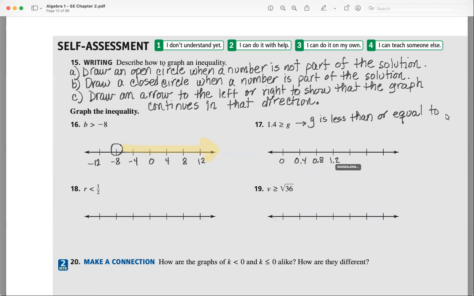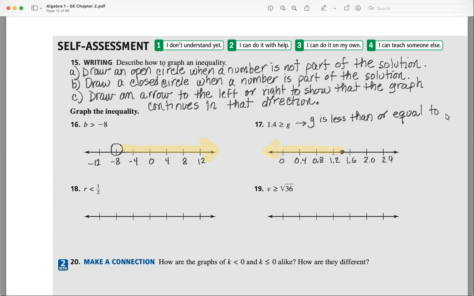So I started going up by 0.4s, 1.6, 2.0, and 2.4. And then 1.4 would be between 1.2 and 1.6. And then it's a closed circle because we have the equal sign. And then because that number is less than or equal to, we will shade to the left.